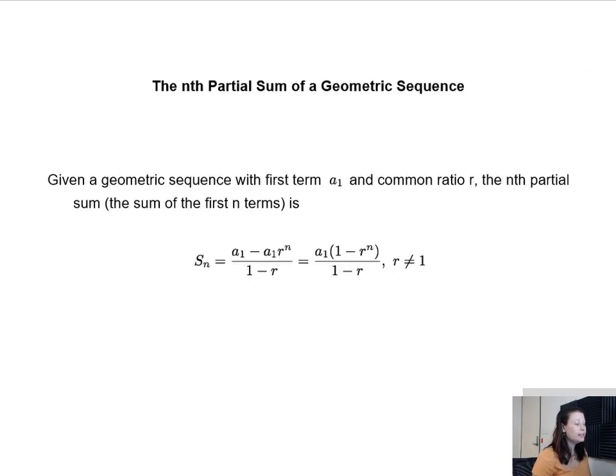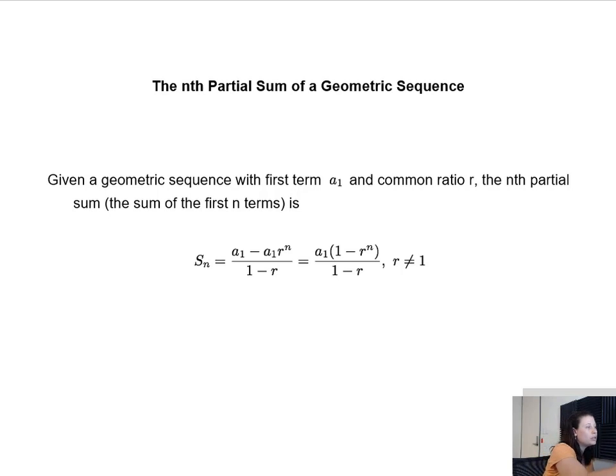Okay, next is the nth partial sum of a geometric sequence. So, given a sequence with first term A1 and a common ratio R, we can find the nth partial sum, the sum of the first n terms, by this setup.